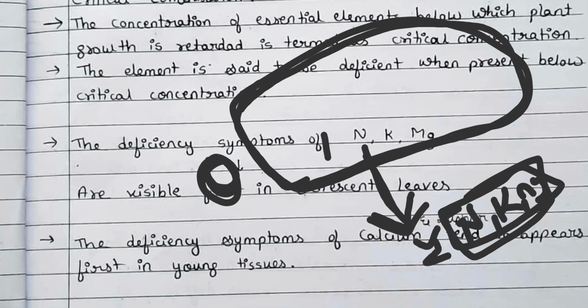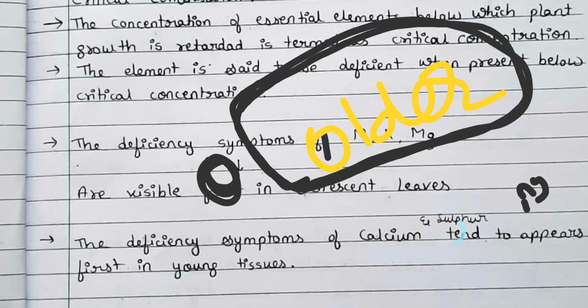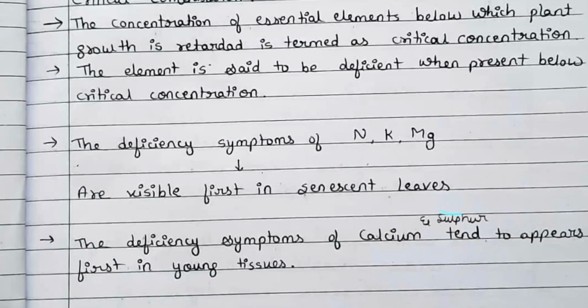So now this element deficiency occurs in which one? Yes, the older one, right? So the deficiency symptoms of nitrogen, potassium, magnesium are visible first in senescent leaves.